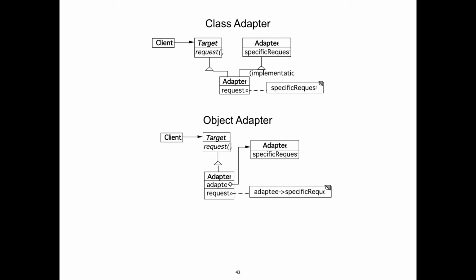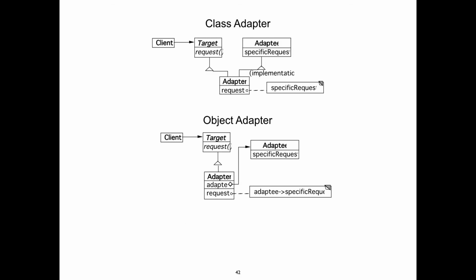But it's only of interest to languages that have multiple inheritance, which is pretty much C++. I don't know of any other language that does multiple inheritance. So most people only really use the object adapter. Because with the class adapter, your adapter subclasses both the new interface and the old interface, and then you can merge them together.